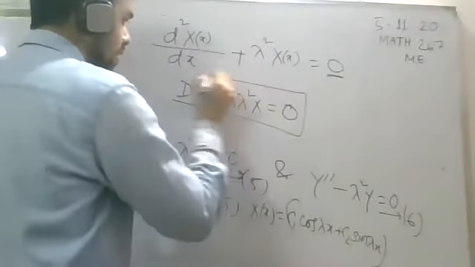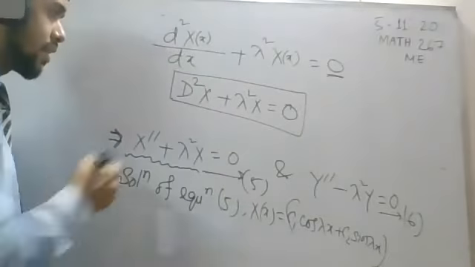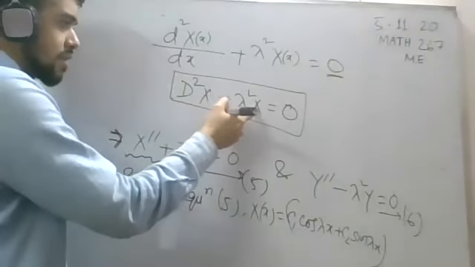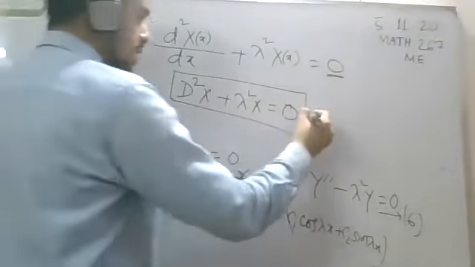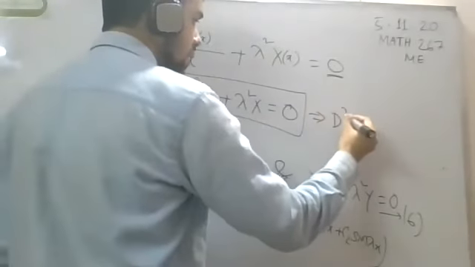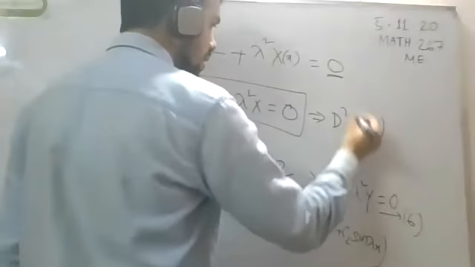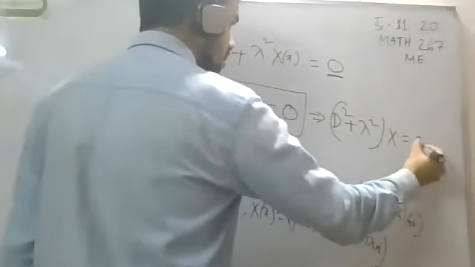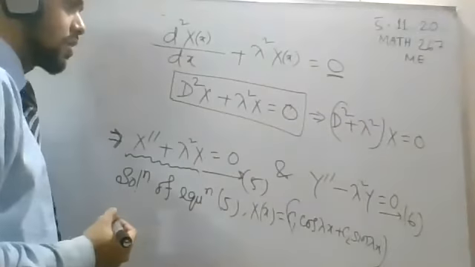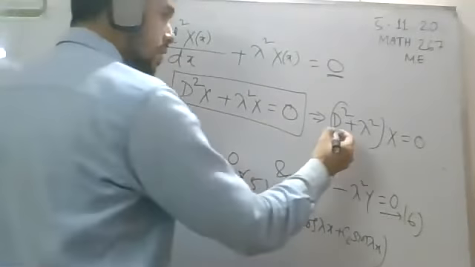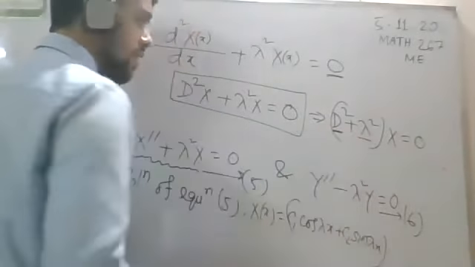You can write this equation as d square x plus lambda square x equals 0. That means d square plus lambda square times x equals 0. So here the operator d means what?